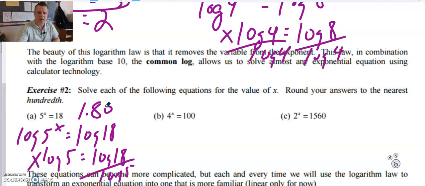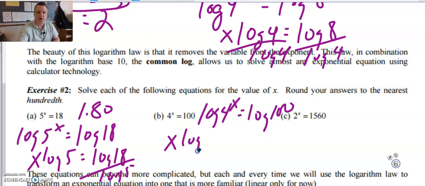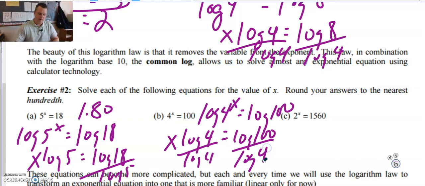Next one, you have log 4 to the x equals log 100. X log 4 equals log 100. Divide by log 4. Again, put it right in your calculator. 3. Next one, x is in the power.